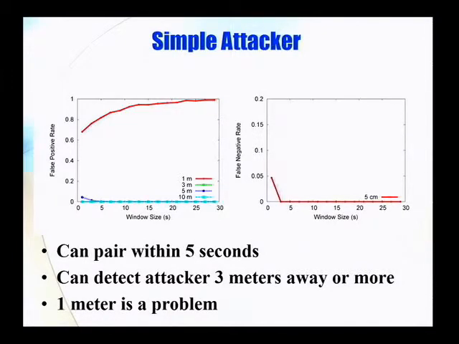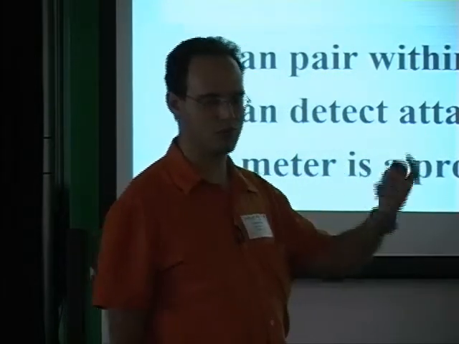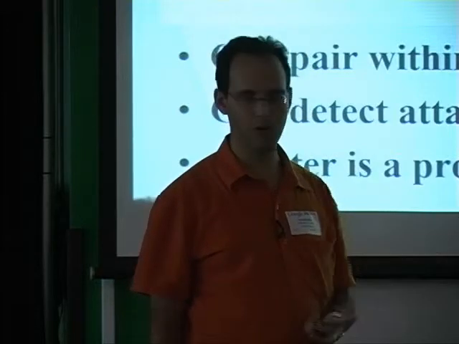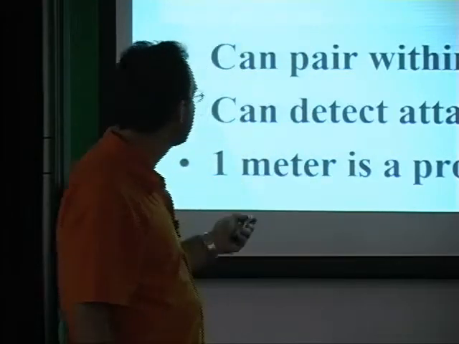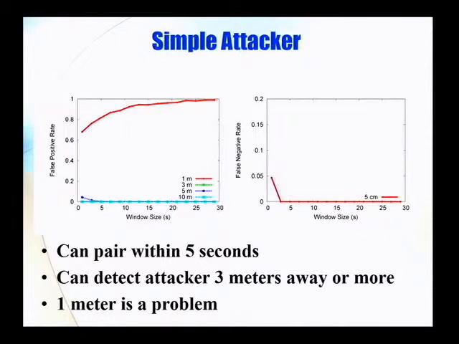Now, if we look at the false positive rate, which is actually much more important, this is the rate at which a device that's actually not co-located manages to fool us, and we conclude they are actually co-located. In this case, we are looking at where the attackers are. We have an attacker at 1, 3, 5, and 10 meters.